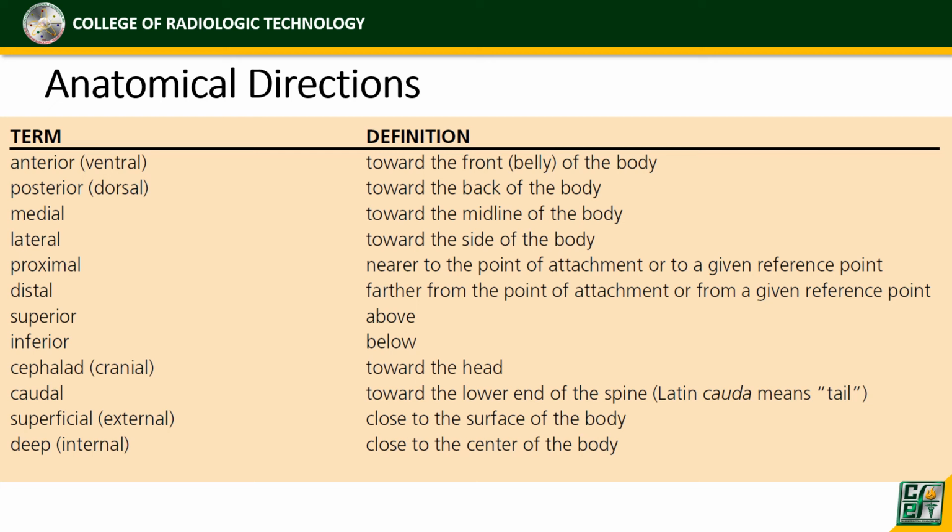Proximal humerus is the part of the humerus that is near the shoulder. When we say distal humerus, it is the part of the humerus that is closer to the elbow.